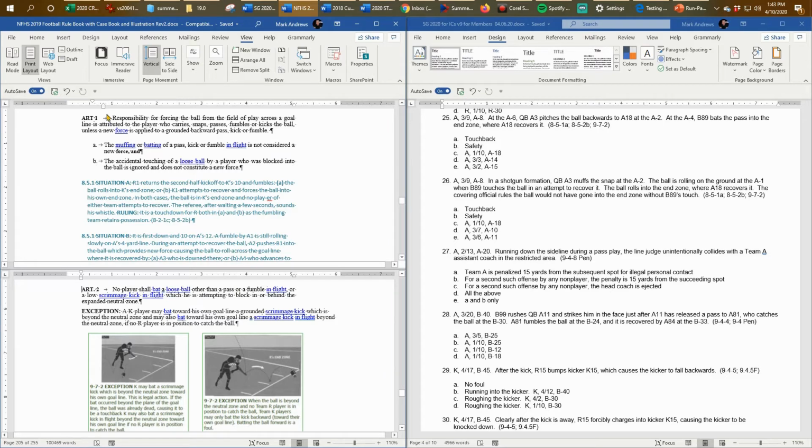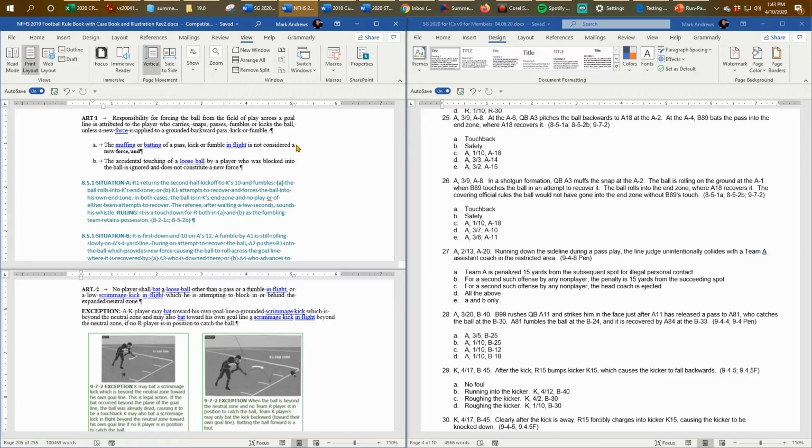Well, responsibility for forcing the ball from the field of play across a goal line is attributed to the player who carries, snaps, passes, fumbles, or kicks the ball unless a new force is applied to a grounded backward pass, kick, or fumble. The muffing or batting of a pass, kick, or fumble in flight is not considered a new force. So, force is a very difficult concept, and if you're a new official, you're going to be dealing with this for a while.